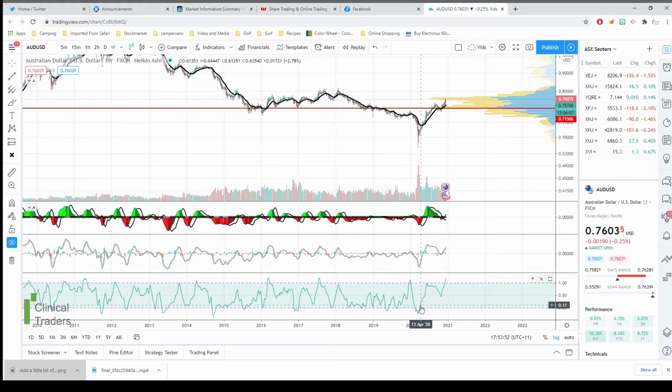So this indicator heads up and down, and gives us a bit of an idea about whether or not we're overbought or oversold. And at present, this indicator is telling us that the Australian dollar is currently overbought. But we wouldn't be too concerned until we see it rolling over and actually cross back below the one line, like it did over here. And you can see that in each case it does prelude a fall in the Australian dollar.